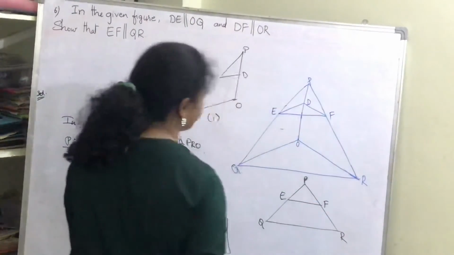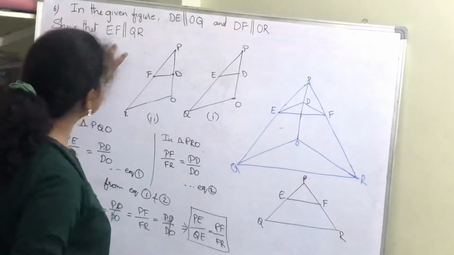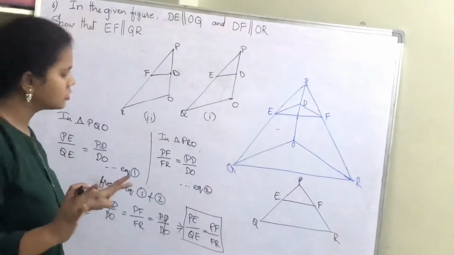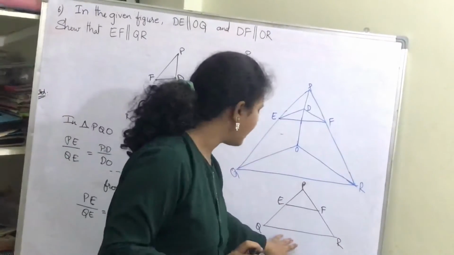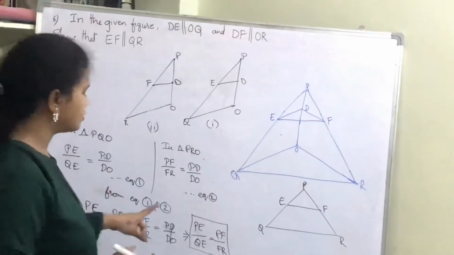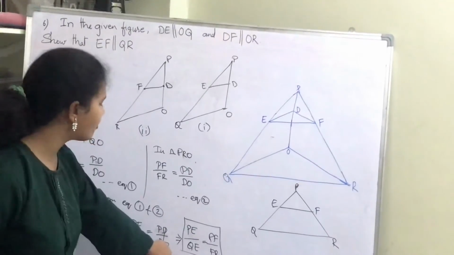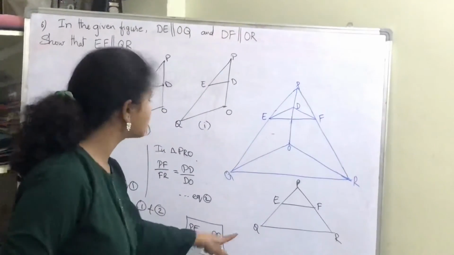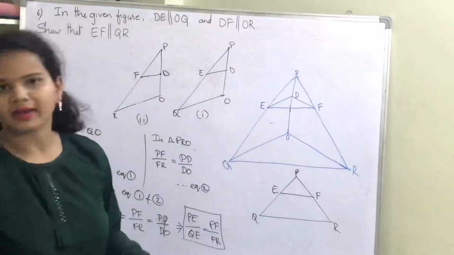So in this triangle, what is asked to prove is EF parallel to QR. To prove that EF is parallel to QR, we must show that these two lines are parallel. So if you observe this equation, we got PE by QE equals to PF by FR, right?